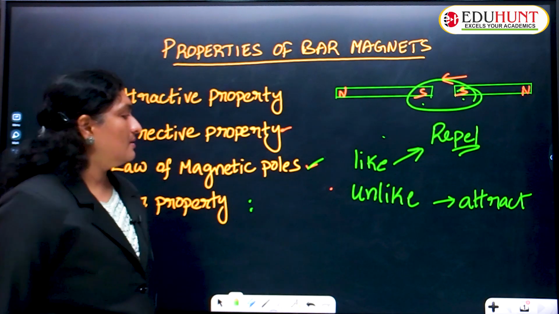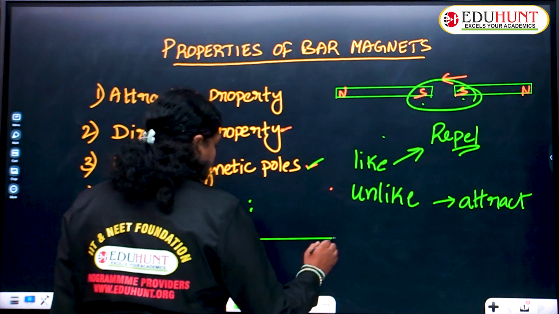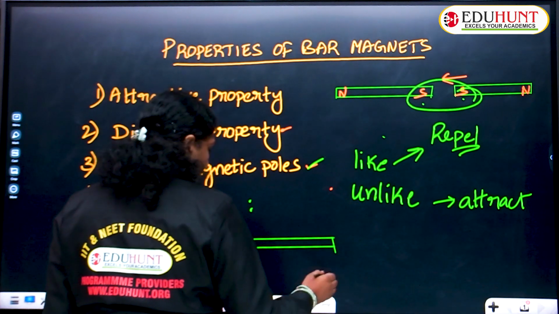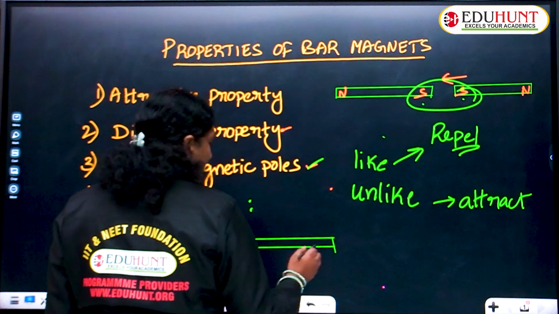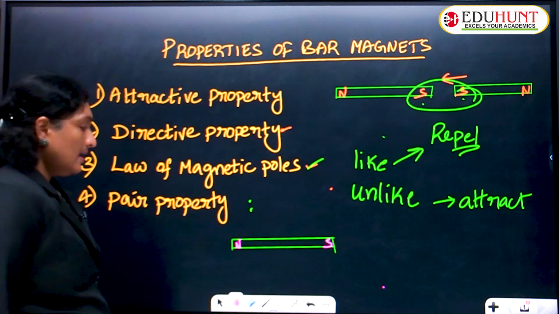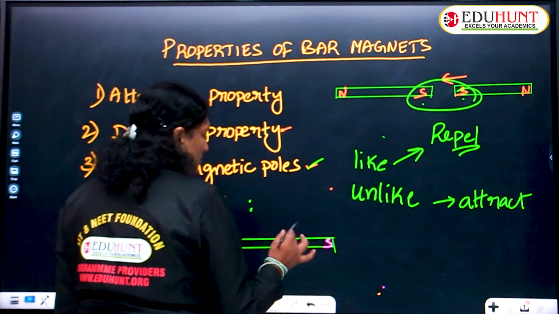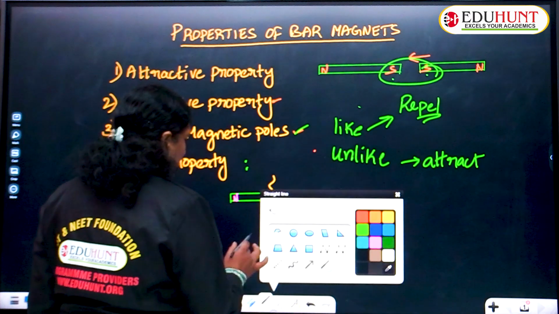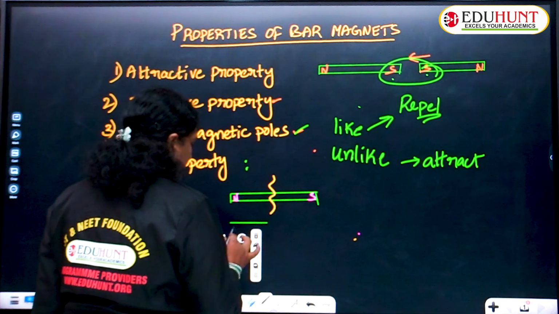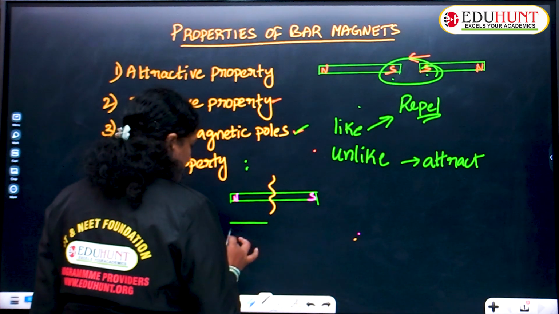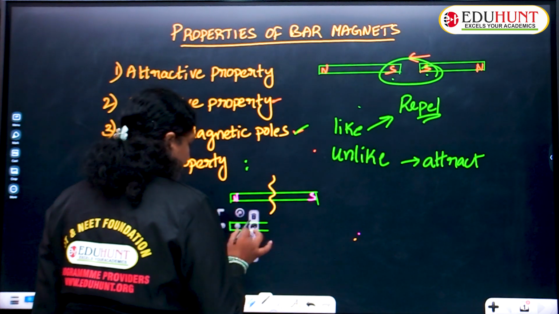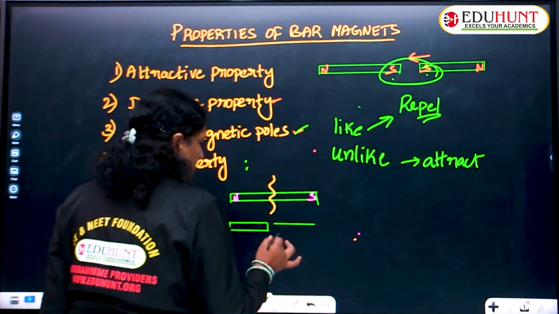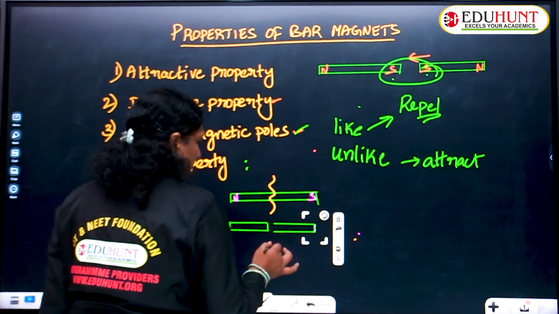Whenever you consider a bar magnet, as we know, it generally consists of a north pole and a south pole, and when this is broken into two pieces, it divides into smaller bar magnets.